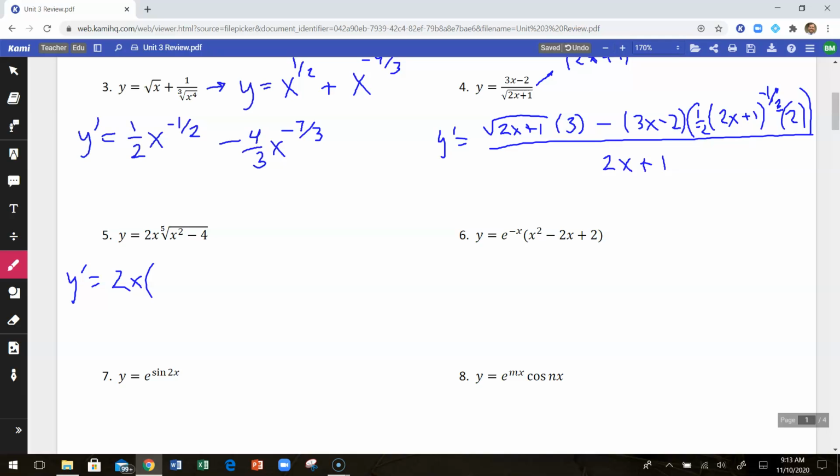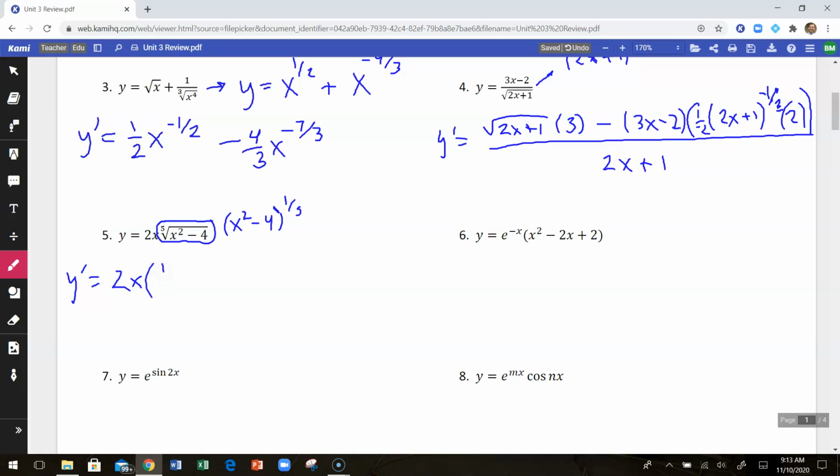I'm going to use the power rule, so I'm going to think about this part right here as x squared minus 4 to the 1/5 power. So it's the first times the derivative of the second.